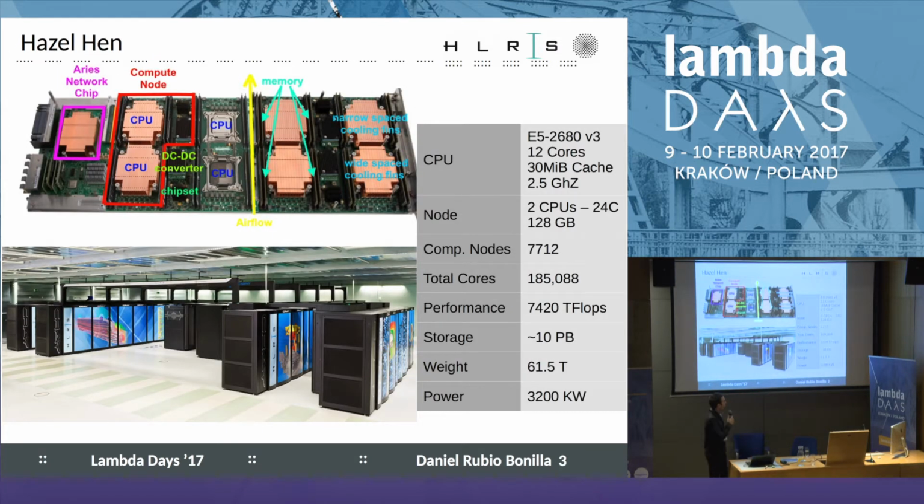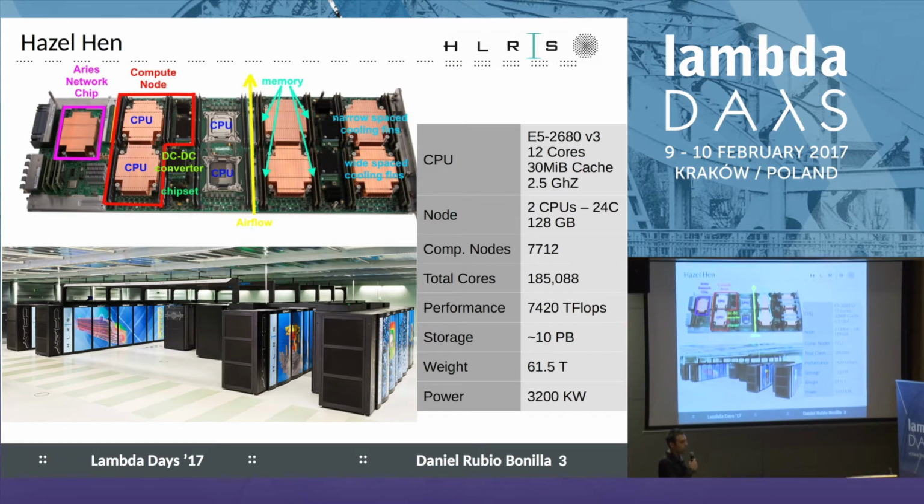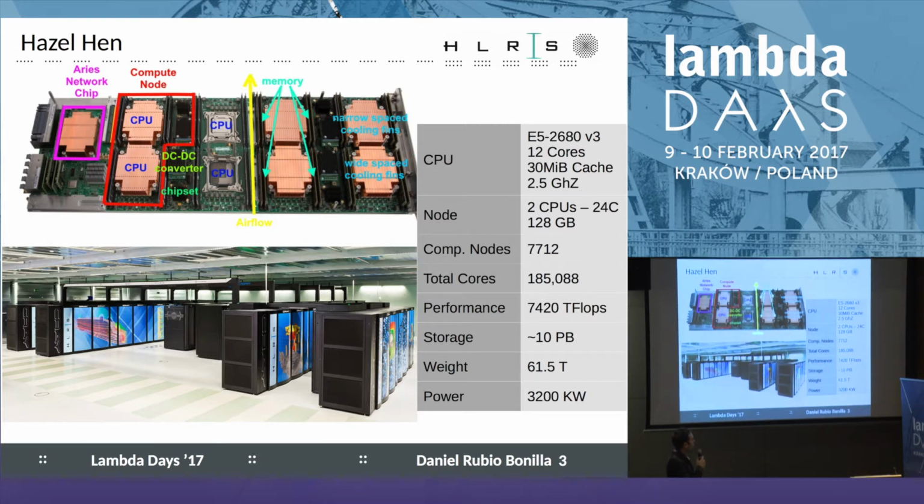This is, for example, the kind of machine that we have at the HLRS, the Computing Center of the University of Stuttgart. This is a Cray machine, which has 2,700 computing nodes. Each node has a different address space, so you have to communicate between them through a network. Each node has 24 real physical cores with 128 gigabytes of RAM.